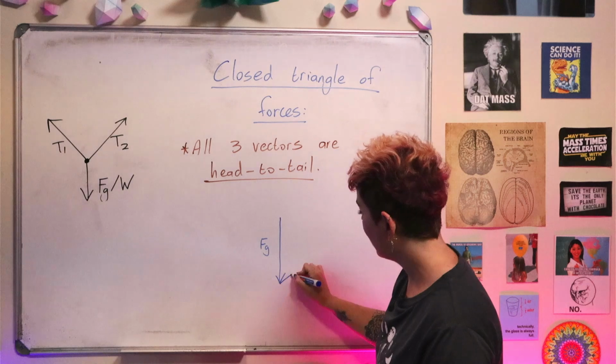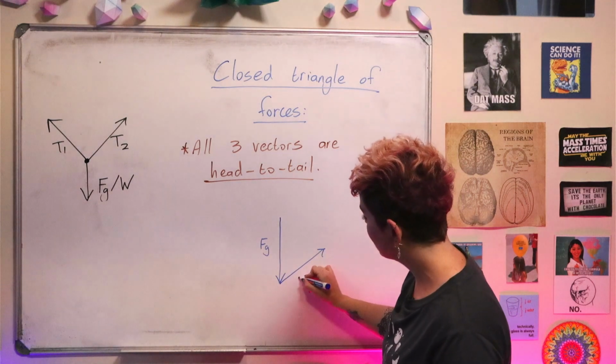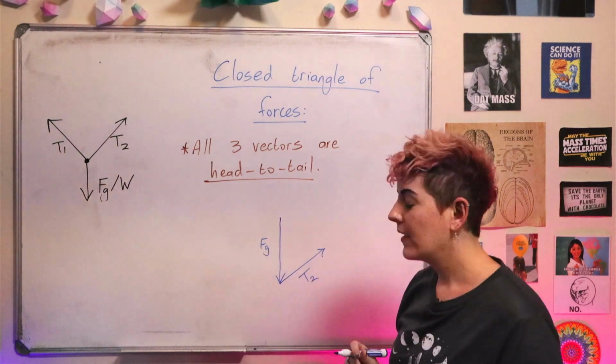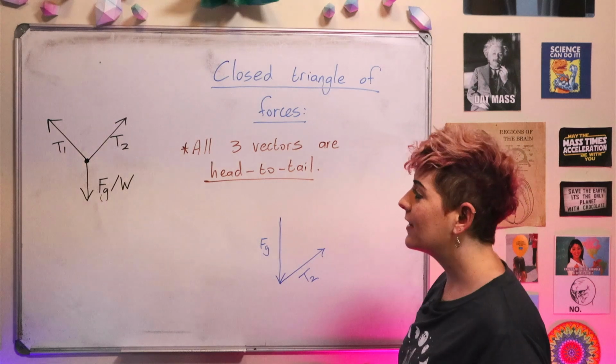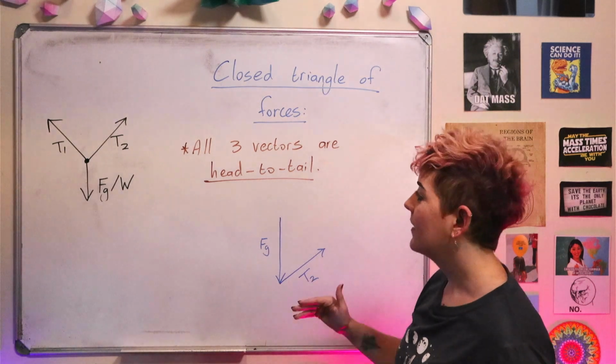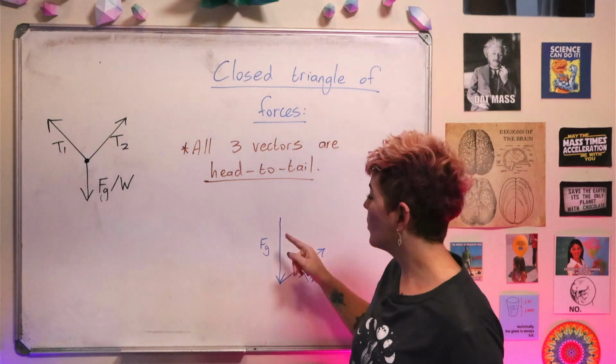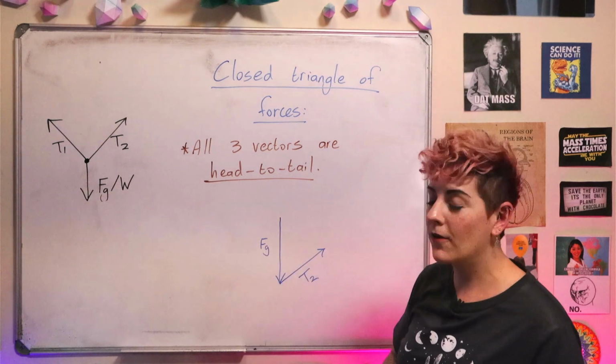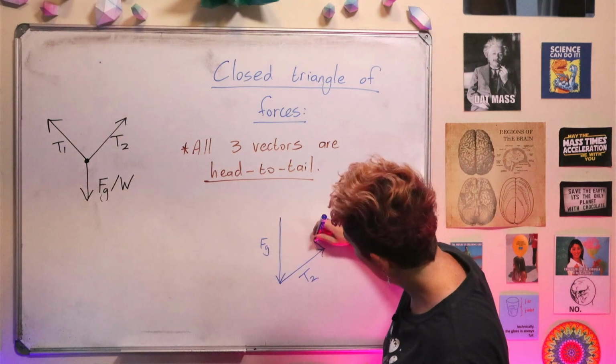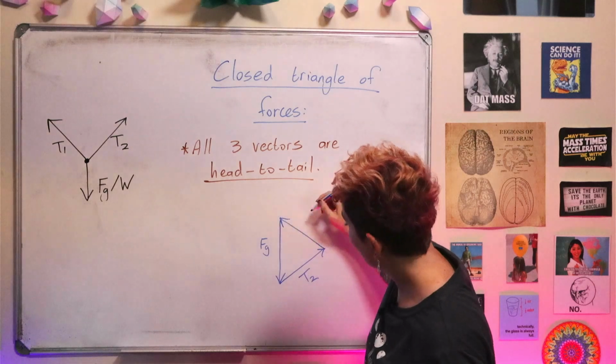So I start there, and now this is going to be T2. Finally, I'm going to fill in my T1, and T1 is going to close the triangle, ending with its arrowhead at the tail of Fg. So here we go. There it is.